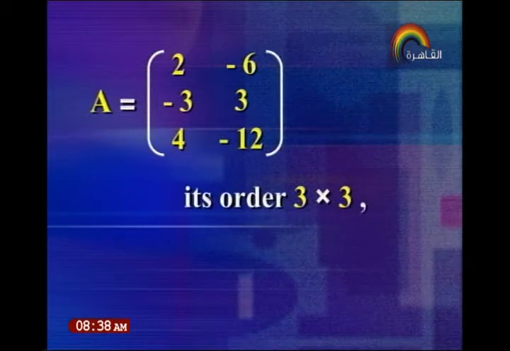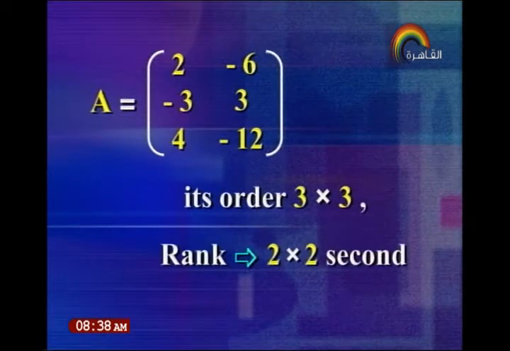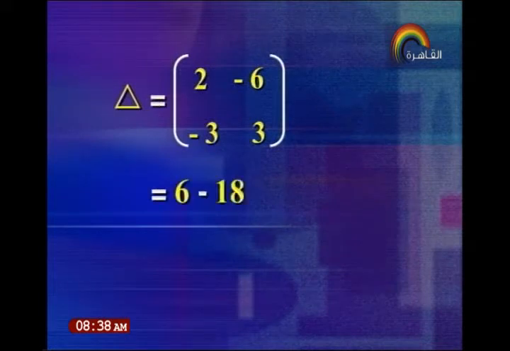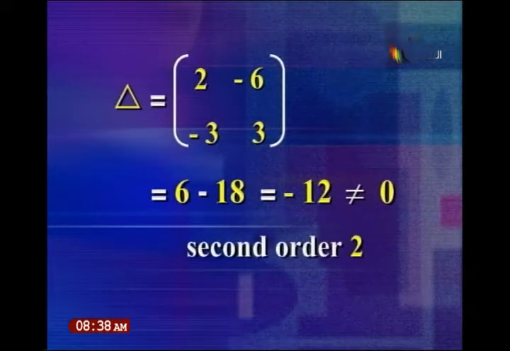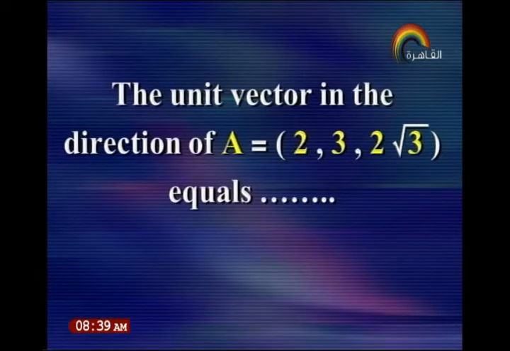Its order is 3 by 2, so we check the 2 by 2 determinant. Delta equals 2 times 3 minus negative 6 times negative 3, which is 6 minus 18, equals negative 12, not equal to 0. Then the rank is 2.